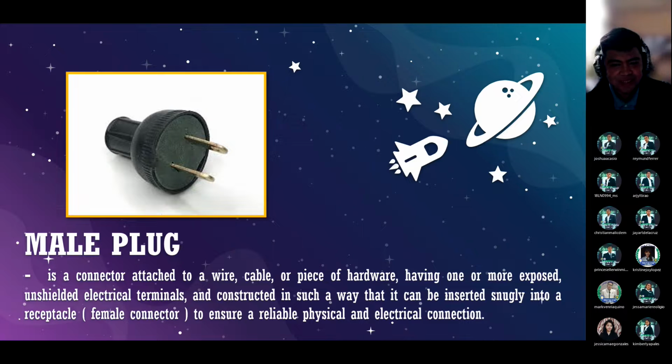So, male plug has 2 or 3 pins that are inserted in a socket to make an electrical connection. It is inserted into a convenience outlet to conduct electrical current. A flat cord is attached to it on one end and the other end is connected to a current consuming instrument or appliance.